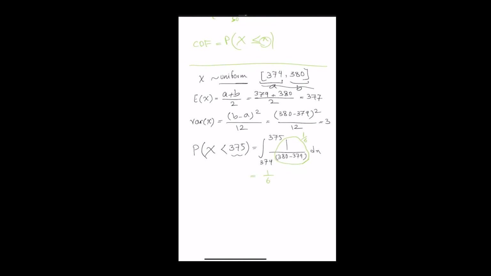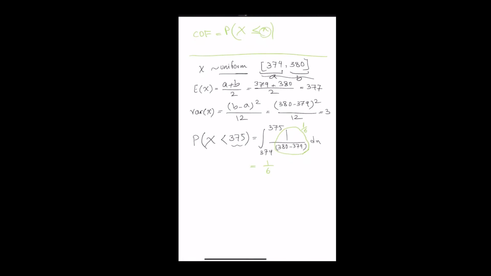Part 3: what is the volume of shampoo that is exceeded by 95% of the containers? That means X is bigger than x. Exactly. So the volume of the container exceeds this value 95% of the time.